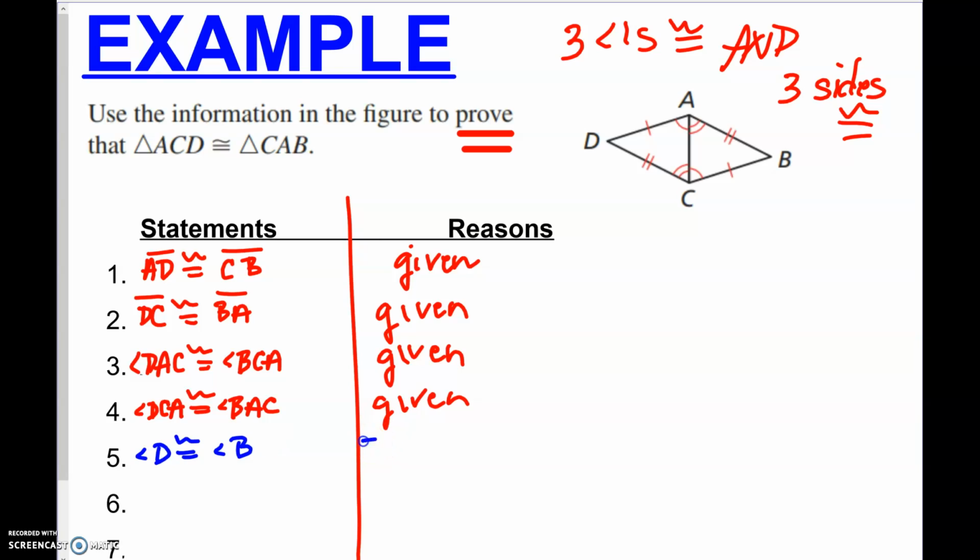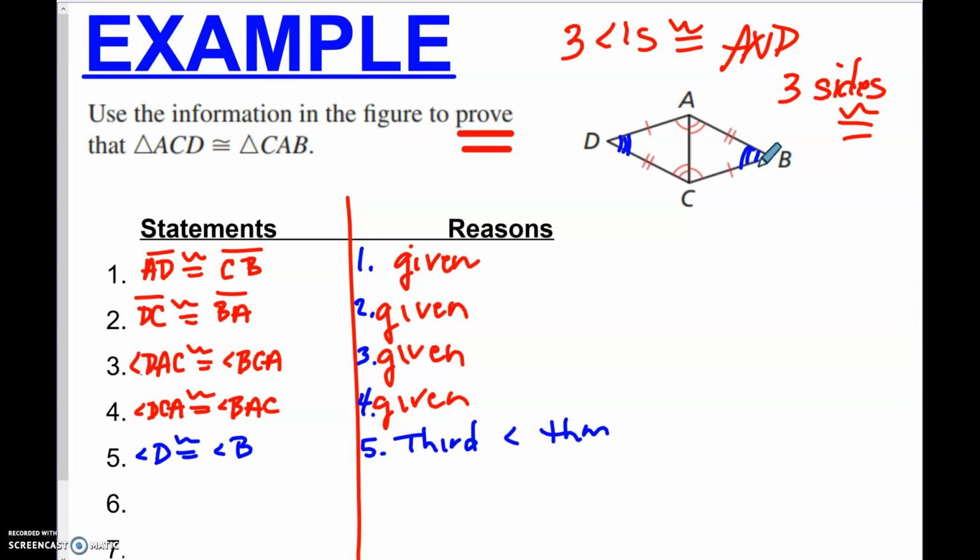So that's the theorem that we just used, and it is called the third angle theorem. Guess I should put my steps in here: 1, 2, 3, 4. All right, so now I have this angle congruent to this angle. So I have 5 things congruent, but I need 6.